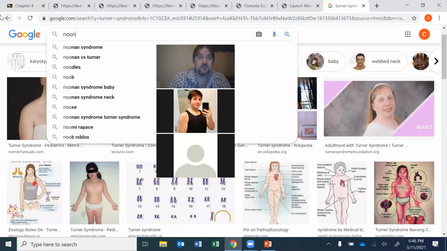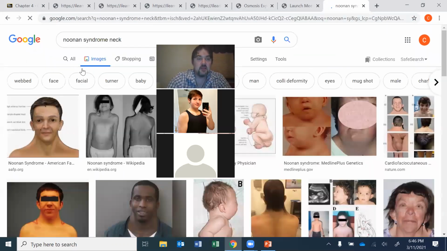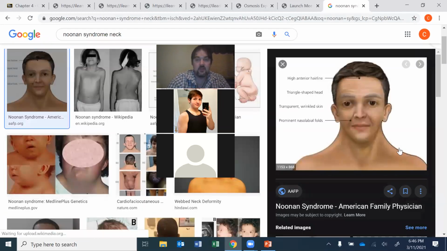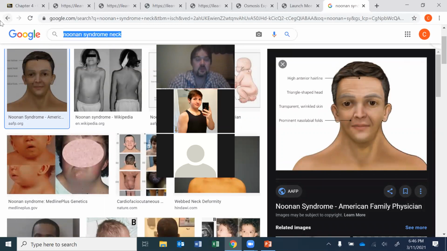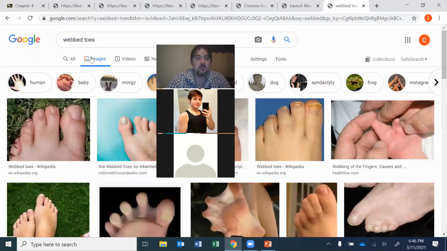It also happens in Noonan syndrome, which is another genetic abnormality. The same deal. You can end up with a webbed neck where the programmed cell death didn't occur the way that it was supposed to. You can end up with webbed toes and webbed fingers, because that's basically a failure of programmed cell death in that particular area.